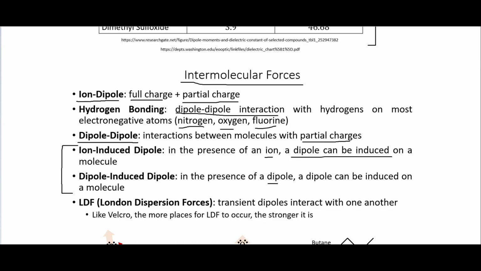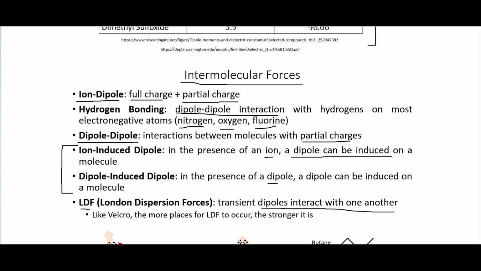And then our weakest force is the London dispersion force, sometimes called the van der Waals force, where transient dipoles interact with one another. Molecules are quantum mechanical systems, and so the electrons orbiting them are more like clouds. They can have these transient dipoles show up, and those transient dipoles will interact with each other and induce dipoles on neighboring molecules.